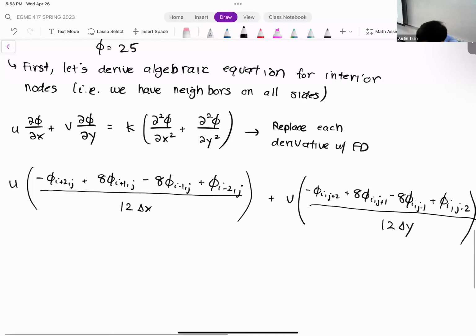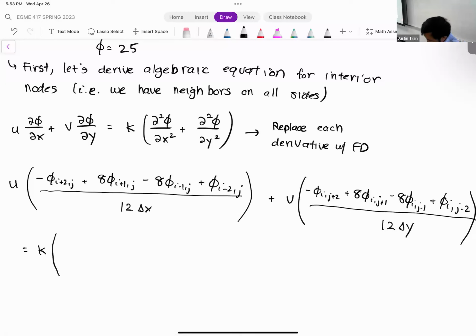All right, but let's go ahead and plug in for our diffusion terms because we need those as well. For the diffusion terms, we're not going to change a thing.